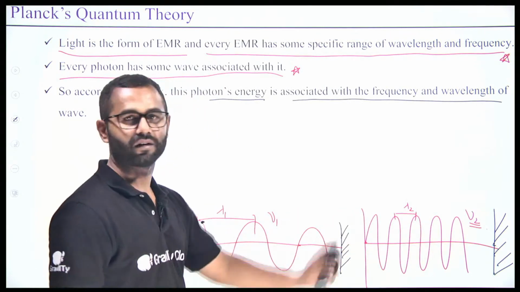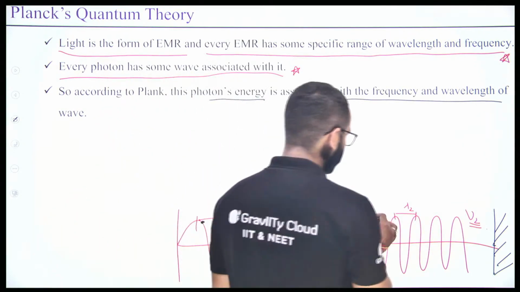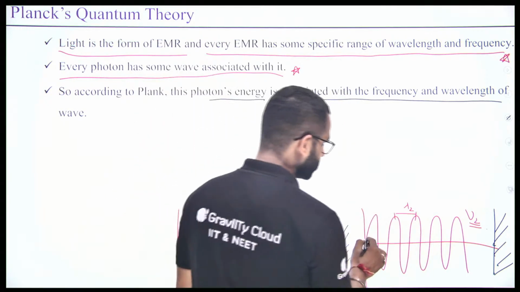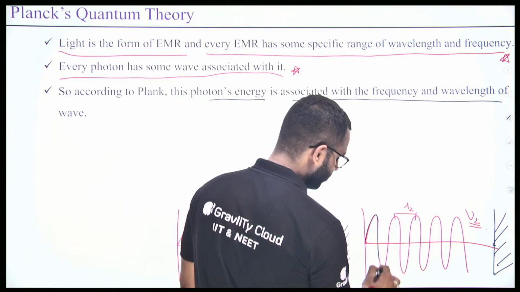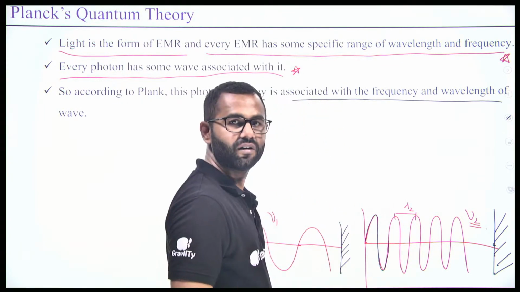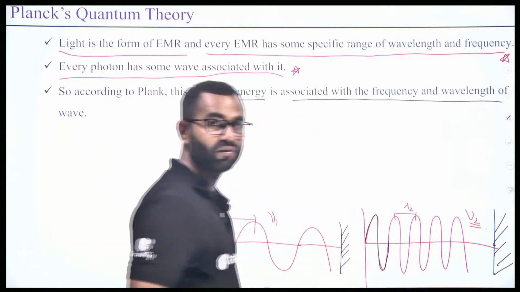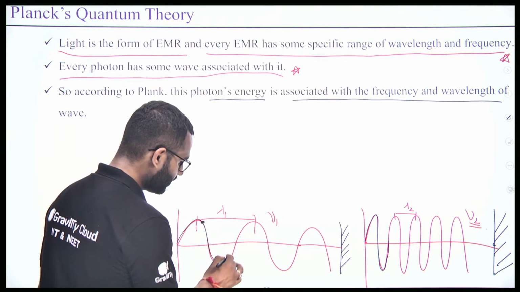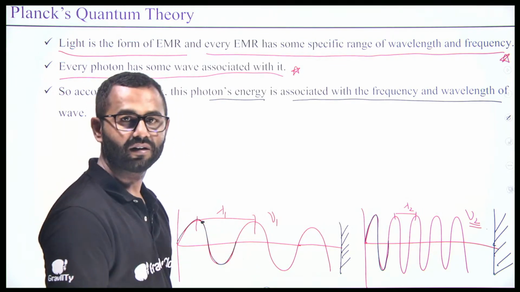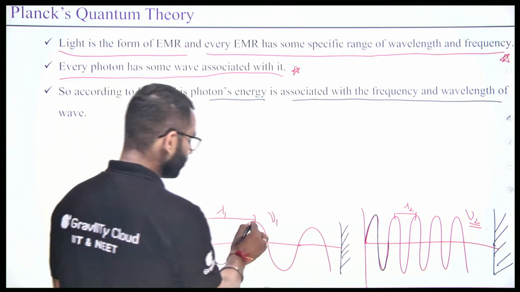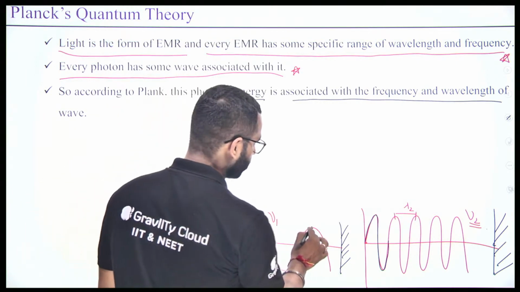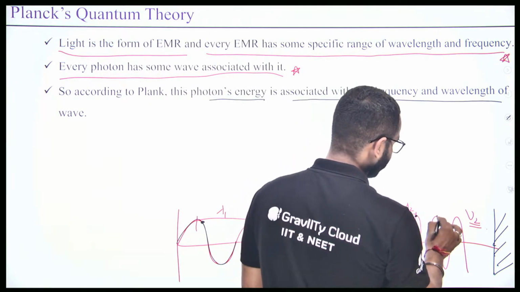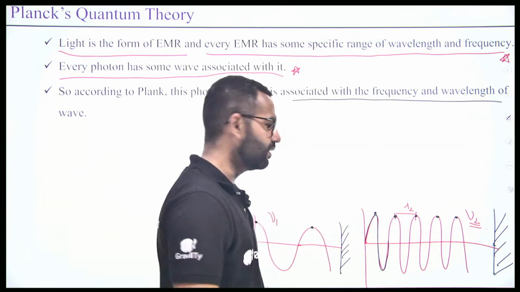What is a wave? One wave is this much. This is one wave. If this wave has this photon, and this wave has this photon, then this is one photon, this is one photon, and so on.